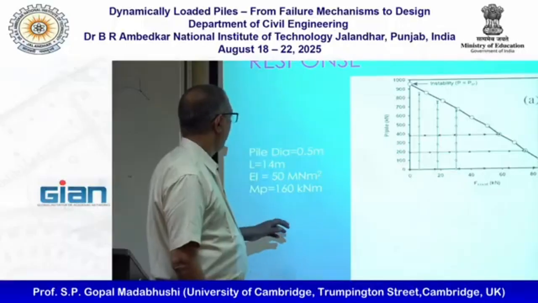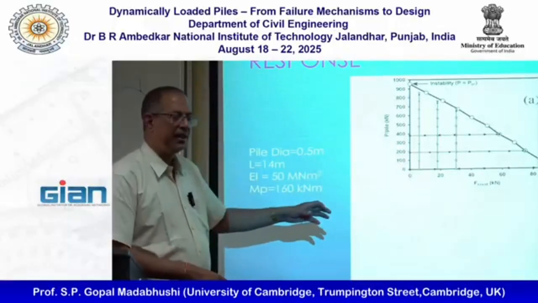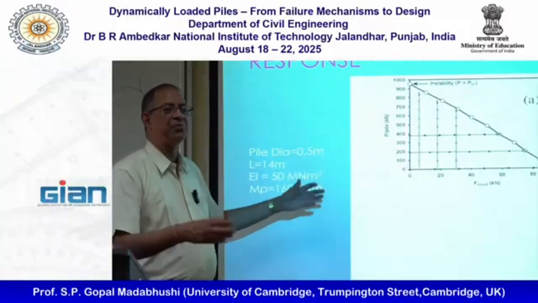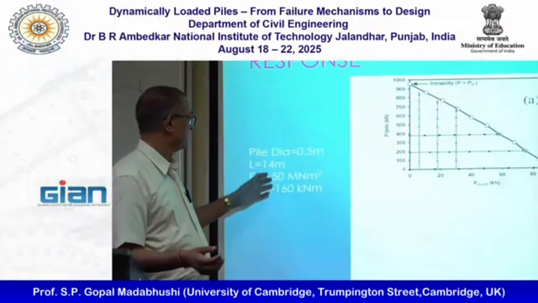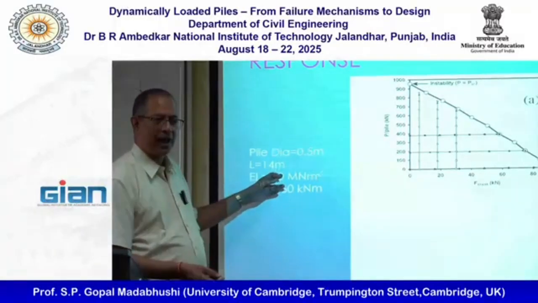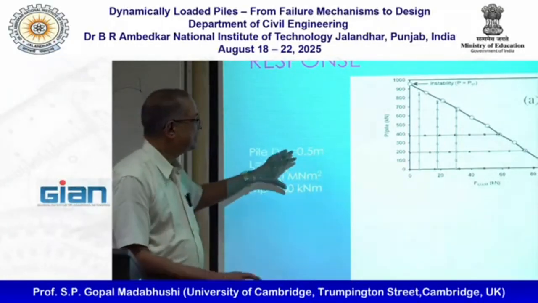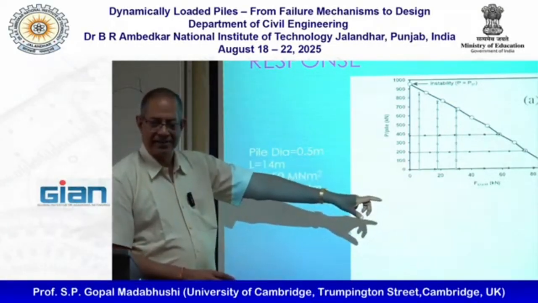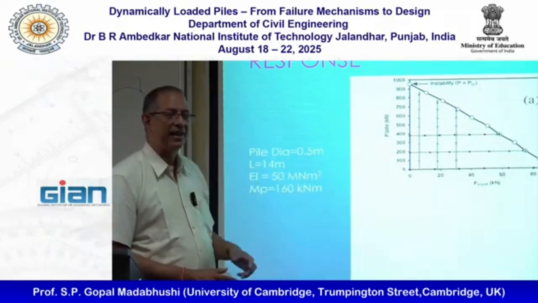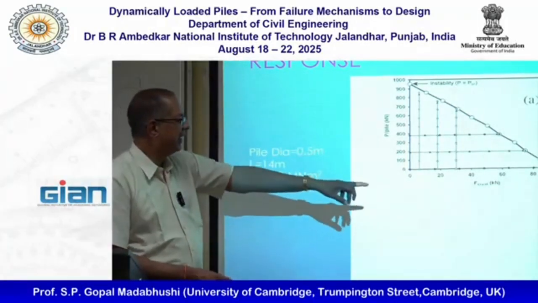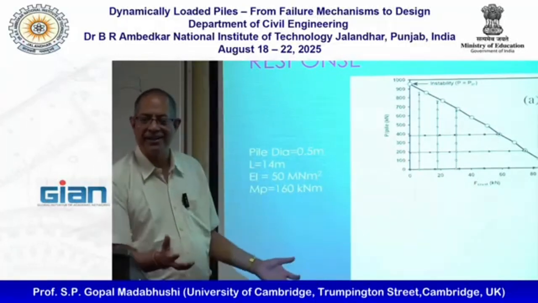Now you can say, how will all this change if you've done this for a 0.6 meter or 0.8 meter or 1 meter diameter pipe? What happens if L changes and so on? Yes, this gives you a starting point, right? So then you can say, well, I've got a longer pile, then obviously my P crit will become more critical.